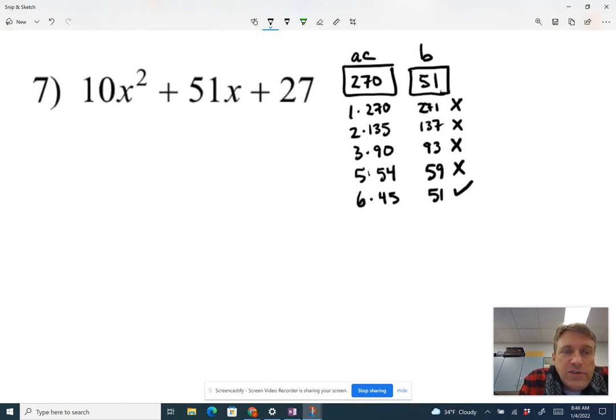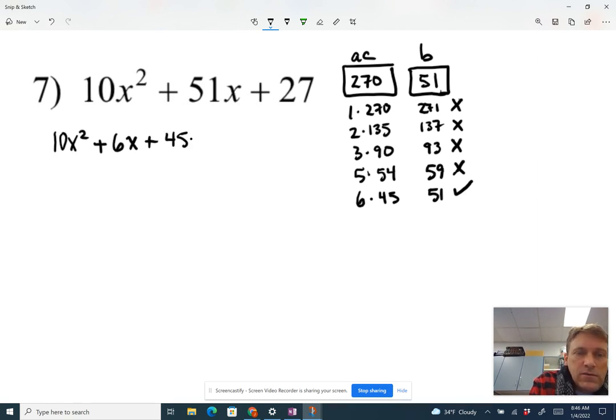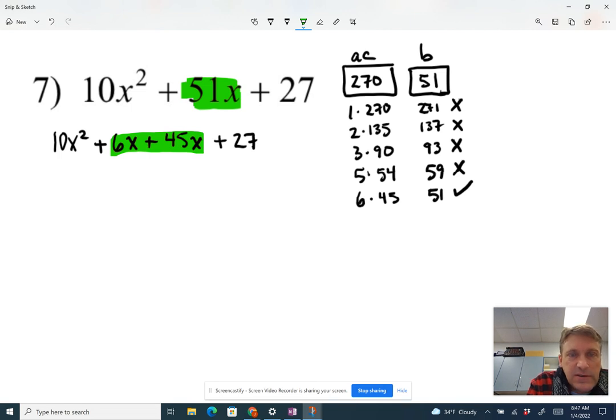So again, we have a choice here. We can rewrite this and factor it by grouping, or we can use the box. I'm going to go to grouping again. So I'm going to rewrite my 10x squared plus 6x plus 45x plus 27, remembering that this 51x was just rewritten using my 6x plus 45x.